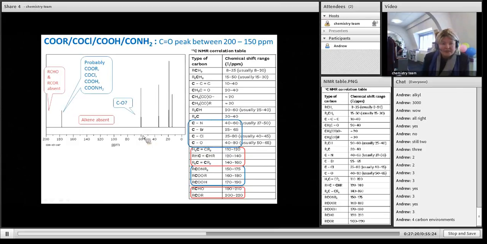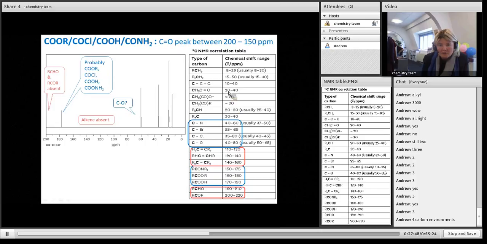We can see there's a peak over here at 60. Now, we do have a carbonyl peak. So remember what I said last time? If we've got a carbonyl peak, it could be the carbon next to the carbonyl. But if you have a look, this peak at 60 is a bit too downfield.